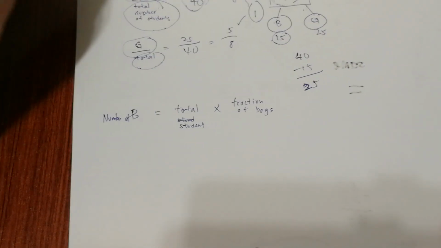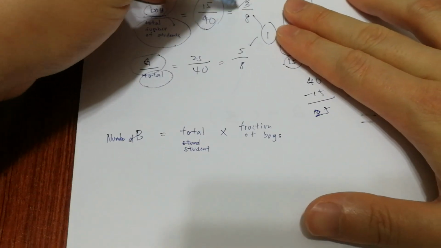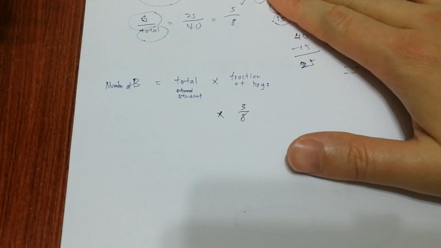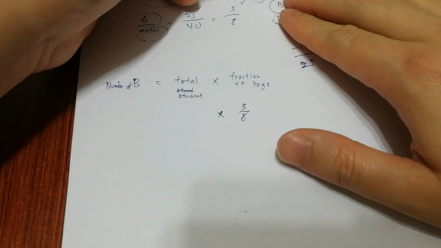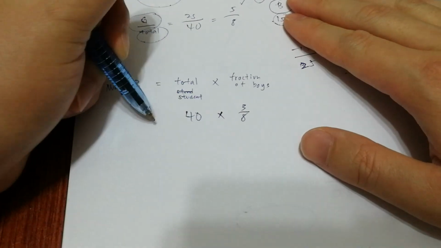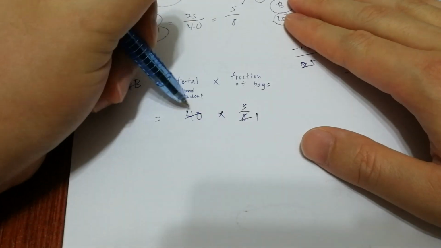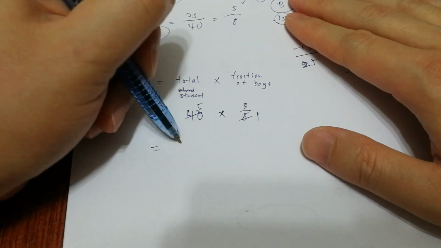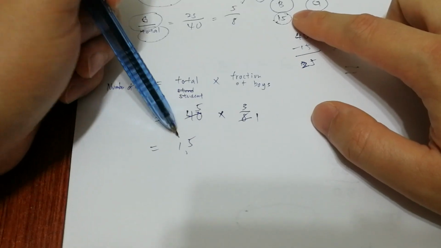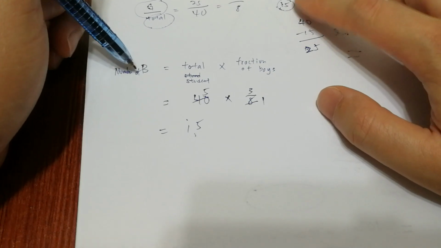If I tell you the fraction of boys is 3 over 8, then you write 3 over 8. The question will tell you the total number of students is 40, so you do this. 8 times 5 is 40, then you get 15. Is it the same answer as this? Same, right? This is the number of students.